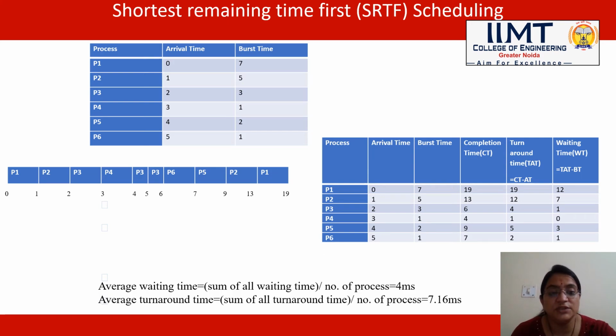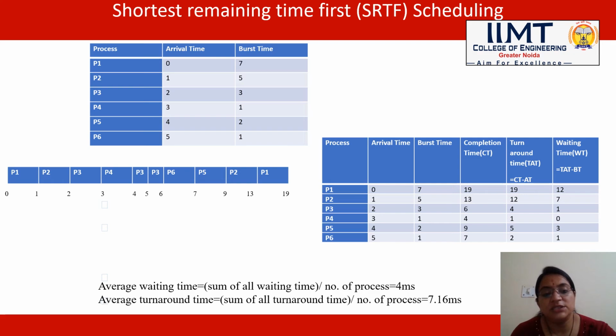At 4 seconds, we can see that 5 processes have arrived in the ready queue, and again we search for which process has the minimum burst time. Then we can see that P3 has the minimum burst time, so we allocate CPU to P3.